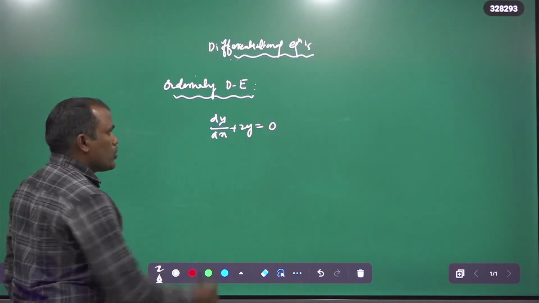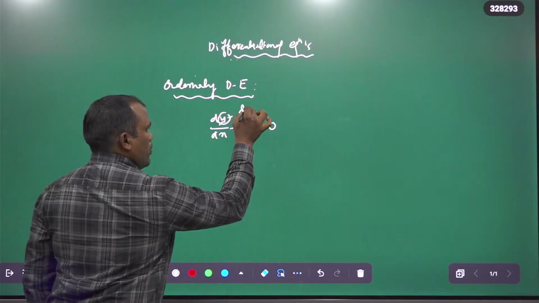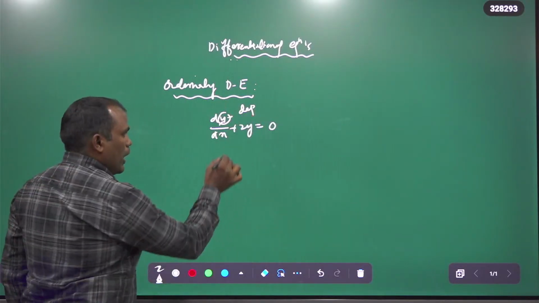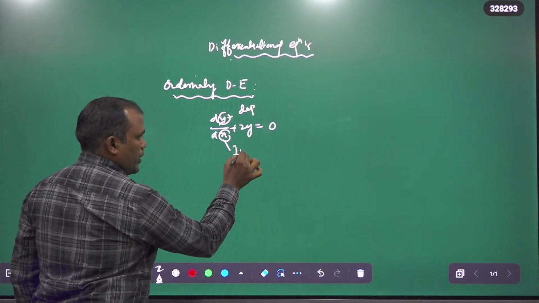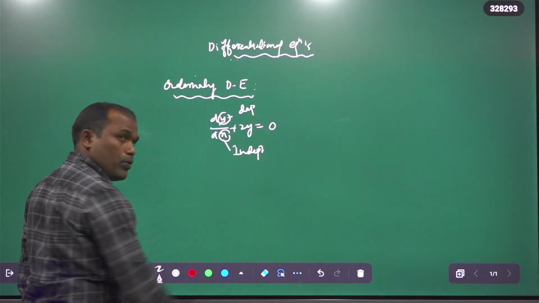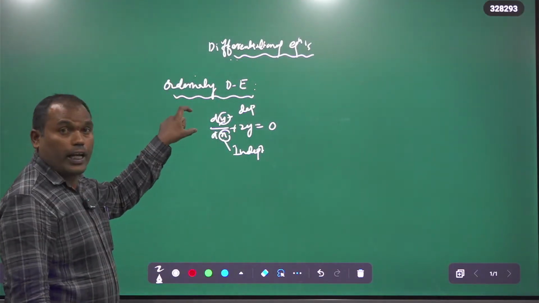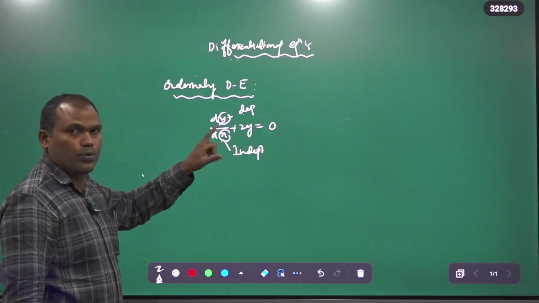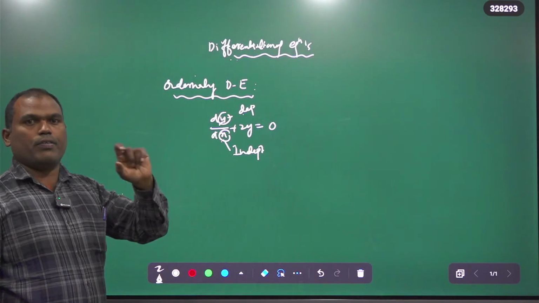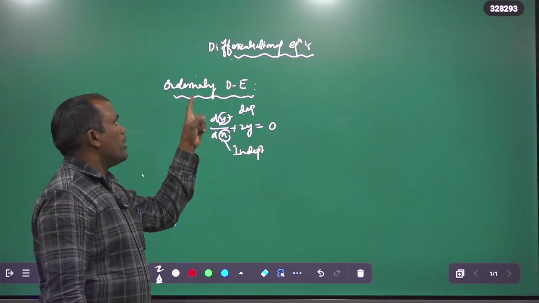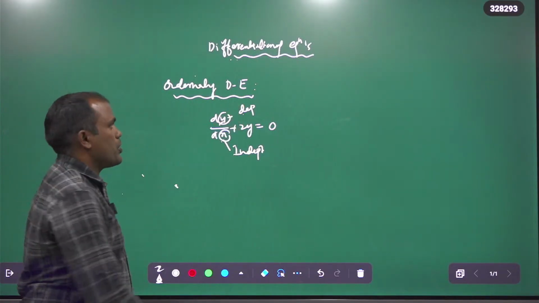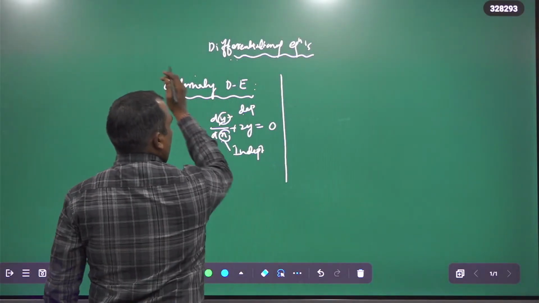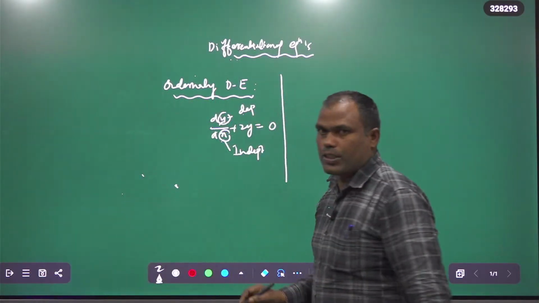Here y is the dependent variable and x is the independent variable. Now coming to partial differential equations.